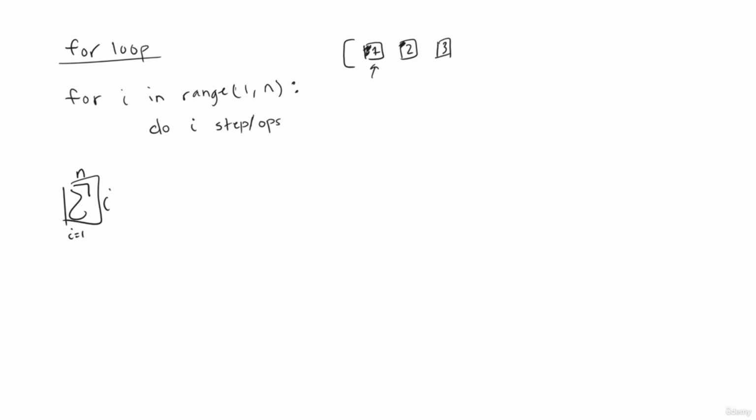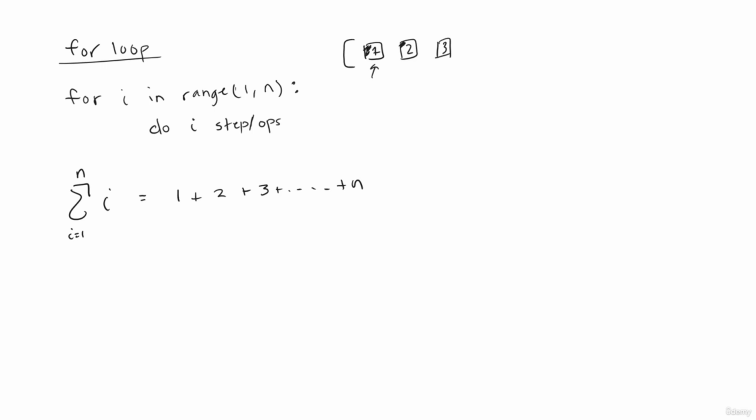This right here is the summation operator. What this means is that i is going to start at 1, and we're going to do 1, and then it's going to move to 2, and we're going to add 2, and it's going to move to 3, and we're going to add 3, and so on and so forth until we get to n. So it's just summing up the first n numbers.